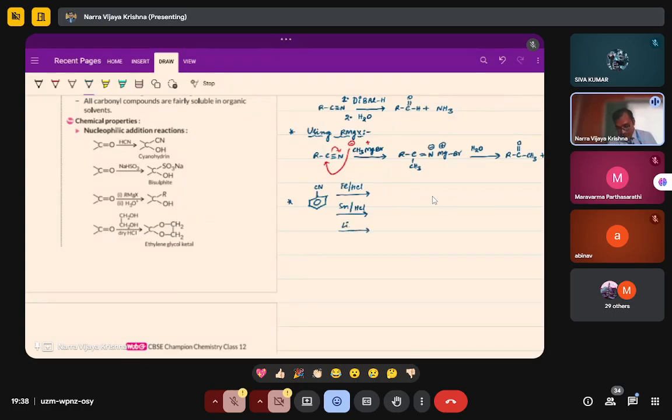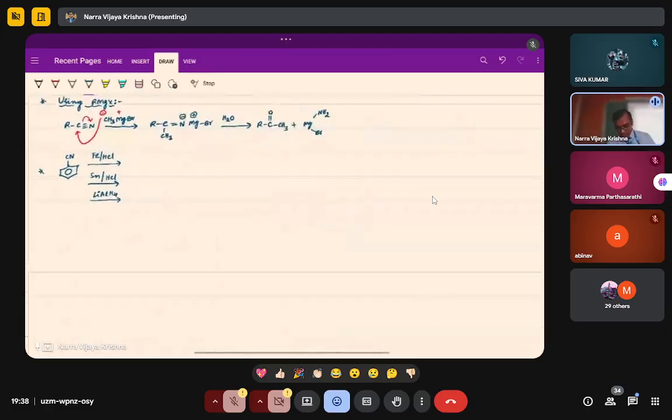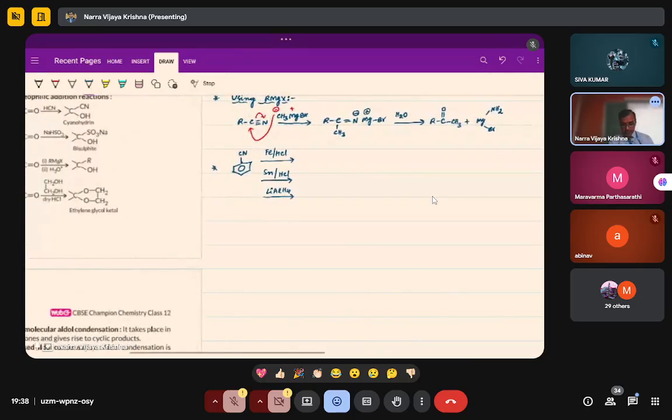Or lithium aluminum hydride, complete reduction. Or if I take hydrogen in presence of nickel, or hydrogen in presence of palladized carbon, complete reduction. What happens if I do complete reduction?